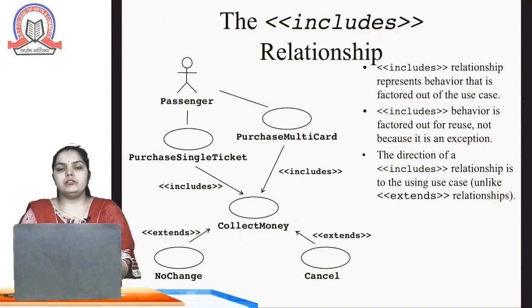Now the next relationship is the include relation. So we can see here that collect money is the include relation of purchasing ticket and the purchase multi-card. Okay, so include relation represents the behavior that is factored out of the use case.